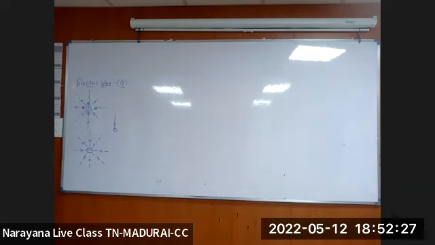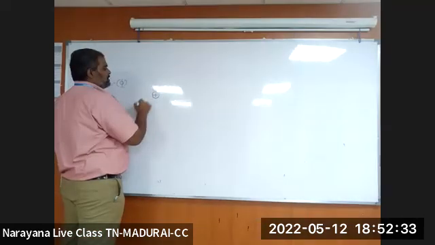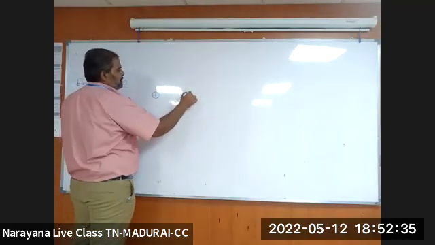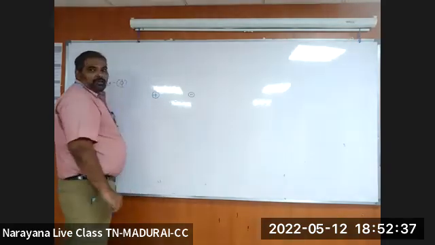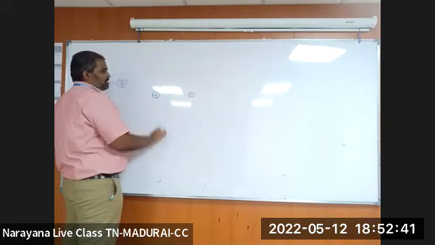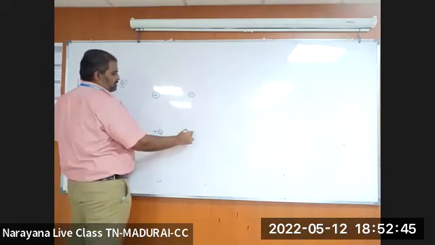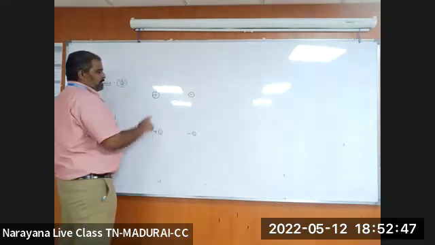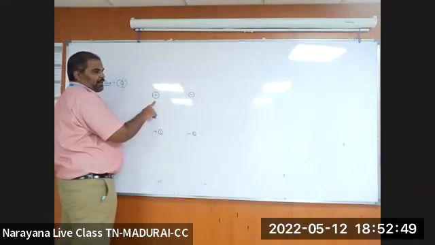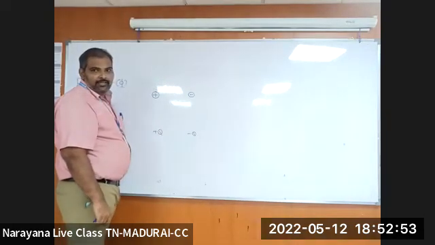Now if you keep the two charges together, how do you write the electric flux? This is one positive charge. This is one negative charge. How do you write this? Both are equal charges. Equal charges means this is plus Q, this is minus Q. This is producing how many electric field lines? The same number of lines terminate at the negative charge.